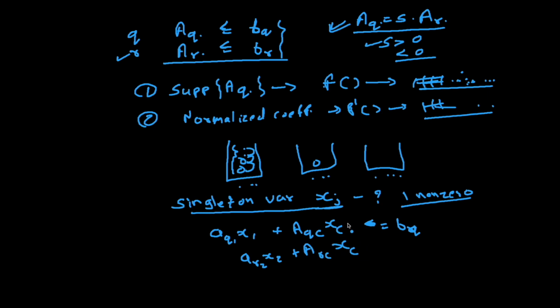C is the set of all the variables which are not 1 and 2. And this is equal to b_r. So these are the two constraints, and let's say x1 and x2 are our singleton variables.